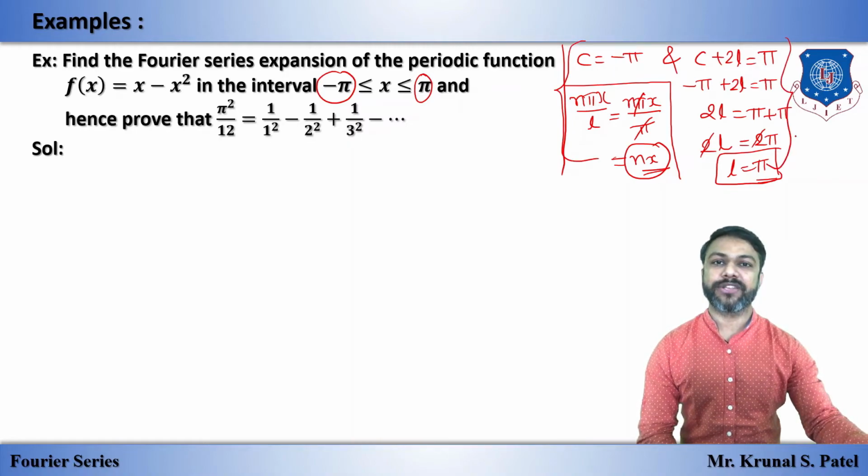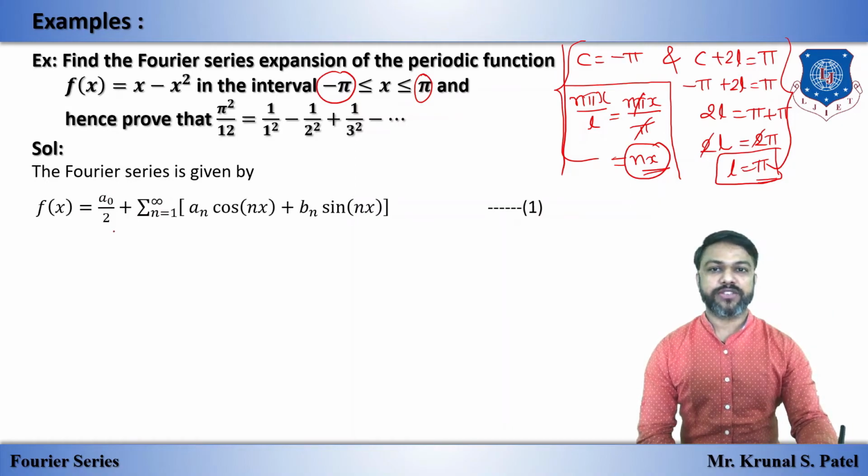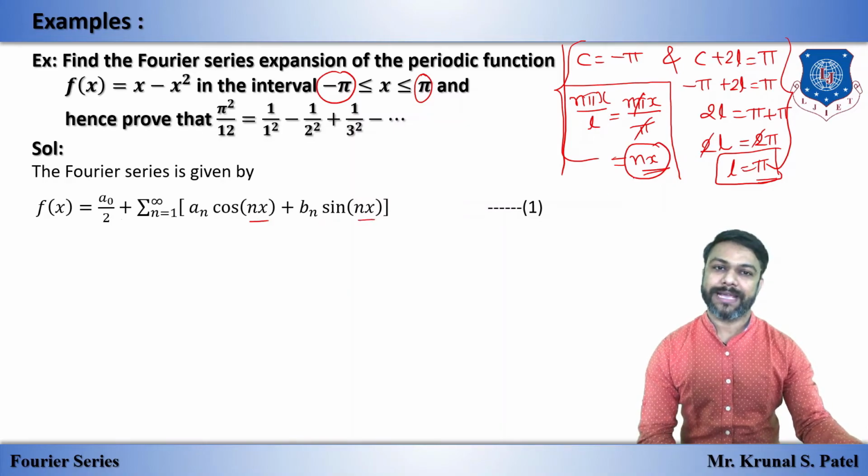That means in the examination no need to show this work, this is extra work. So the Fourier series is given by f of x is equal to a0 by 2 plus summation n running from 1 to infinity in bracket an cos nx plus bn sin nx, as I told, by nx.